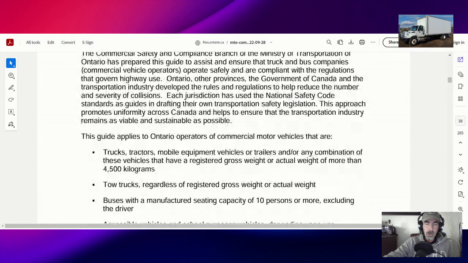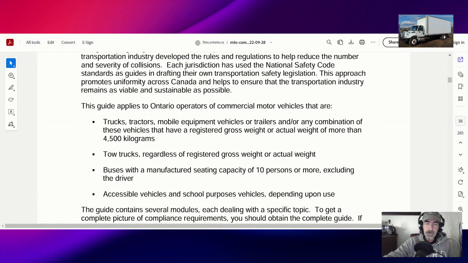Ontario, other provinces, the Government of Canada, and the transportation industry developed the rules and regulations to help reduce the number and severity of collisions. Each jurisdiction has used the National Safety Code standards as guides in drafting their own transportation safety legislation. This approach promotes uniformity across Canada and helps to ensure that the transportation industry remains as viable and sustainable as possible.